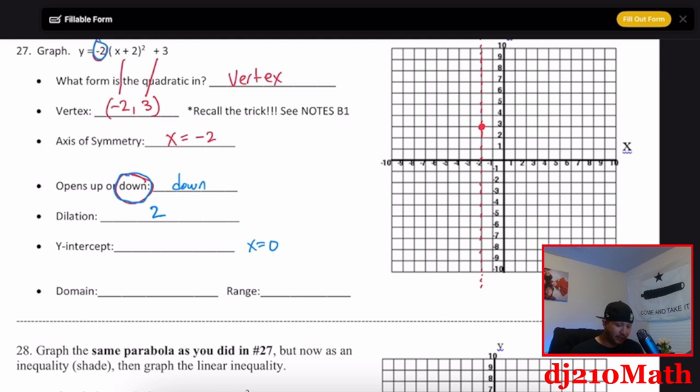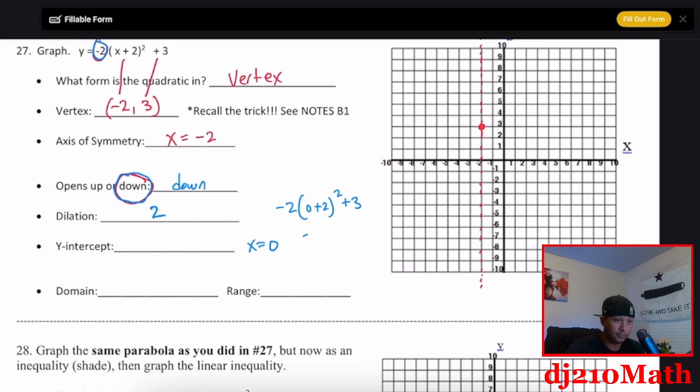So if I plug in 0, I get negative 2 times 2 squared plus 3.